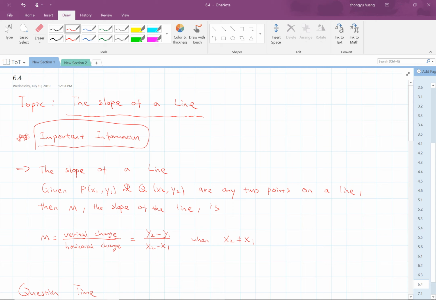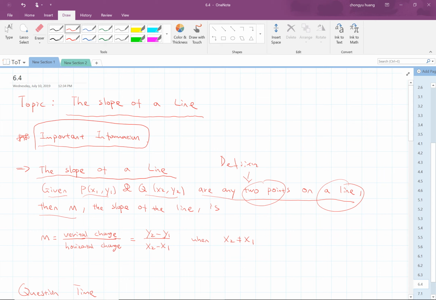Over here you can see we have the definition for the slope of a line. The definition tells us that we are given 2 points, P (x1, y1) and Q (x2, y2), which are any 2 points on a line.